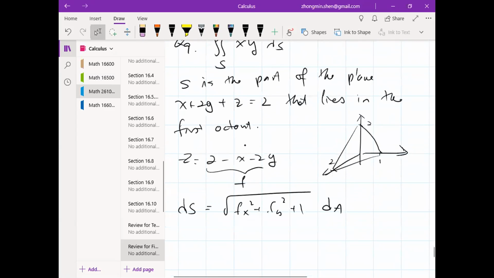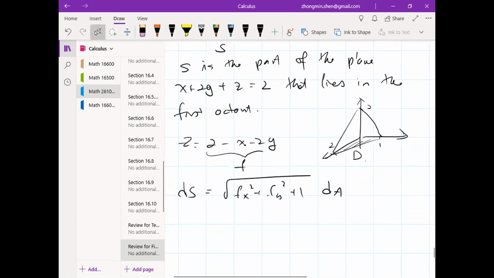So I parameterize on this D. The triangle is viewed as a graph of some function over that region D. D is the triangle in the xy plane.